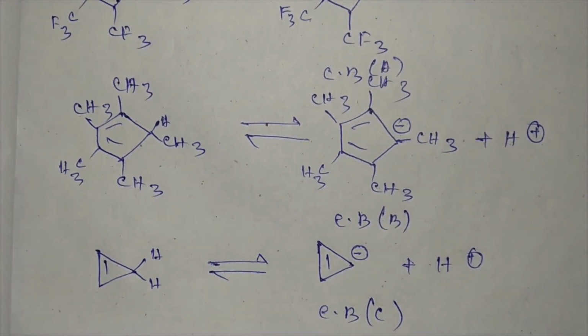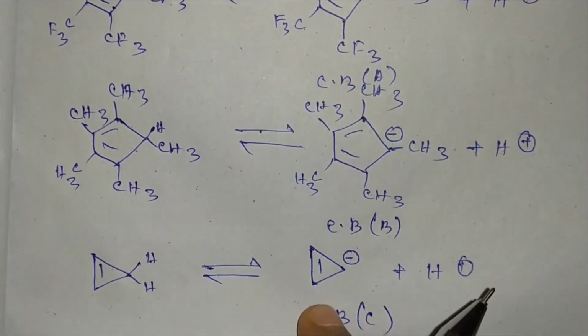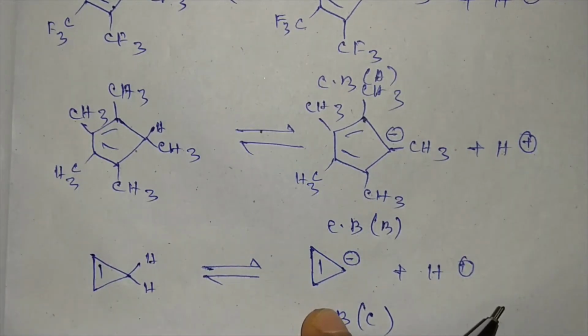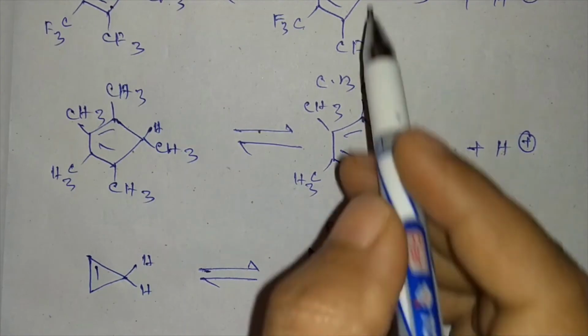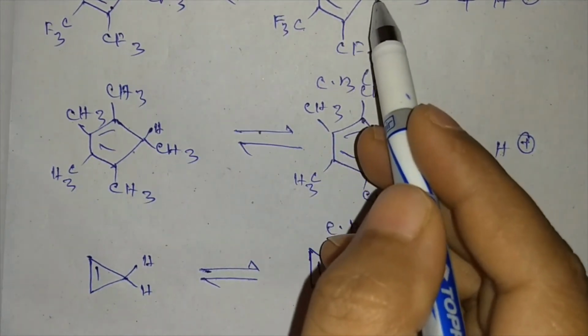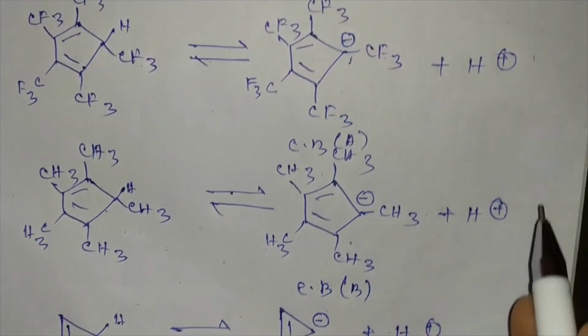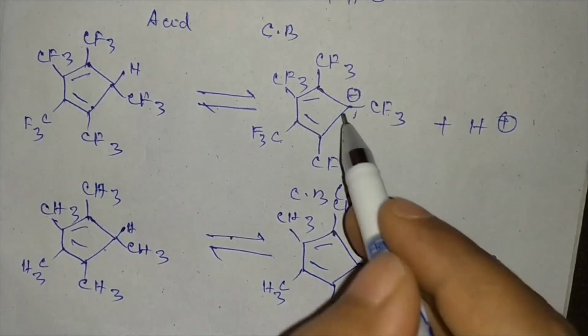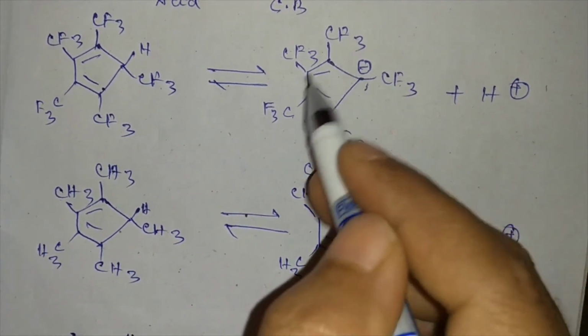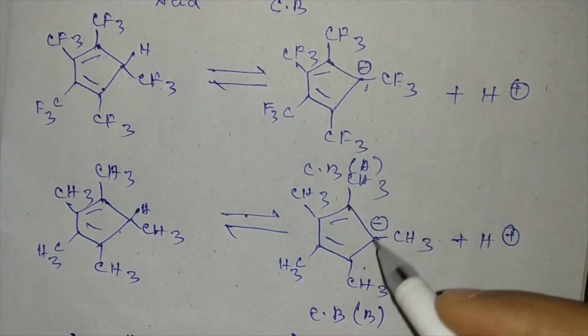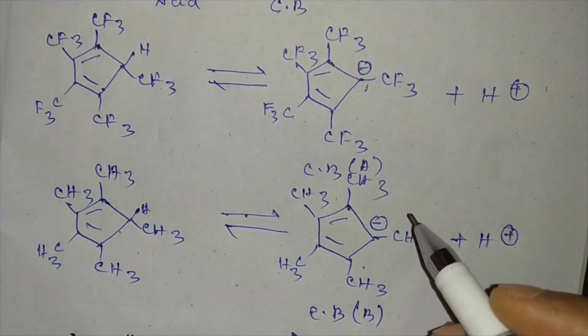So if we compare the stability of these three conjugate bases, then we can tell the acidity of these compounds. Now we can see here that in these two compounds there is 4n plus 2 number of pi electrons, that is 6 pi electrons in a conjugated system, and the system is planar. So these two anions are aromatic.